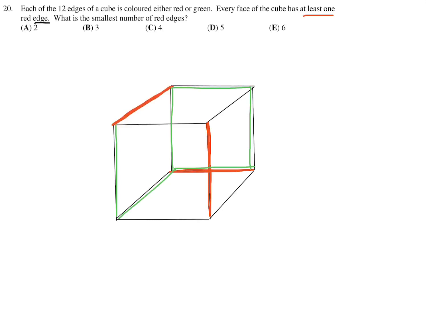So 3 is the smallest number of red edges that we need so that every face of the cube has at least 1 red edge. So the answer for this would be B, 3 red edges.